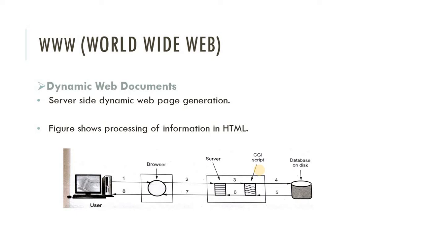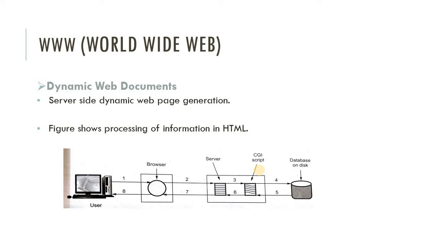Therefore, when you alter or update the content of the database, the content of the website is also altered or updated. Data is stored in the database, and on the web page the data comes from that database. Suppose there is a person's information and that information is changed. On the web page the content is also updated.